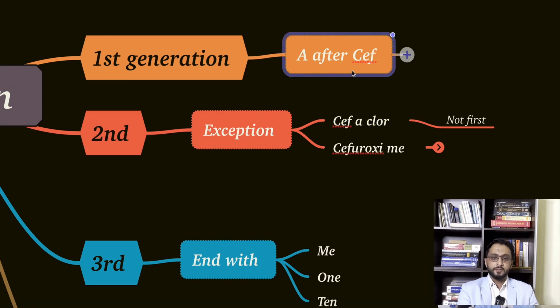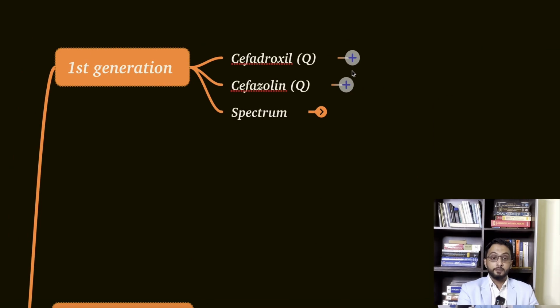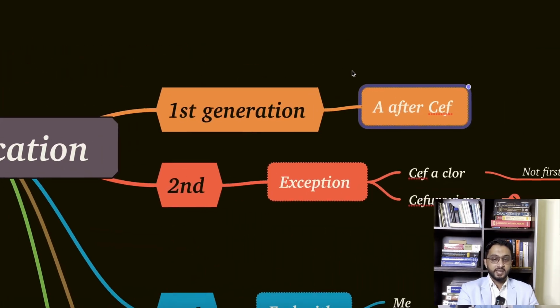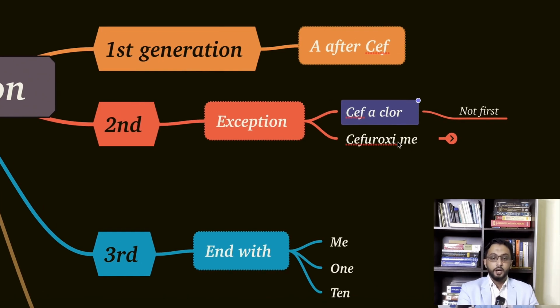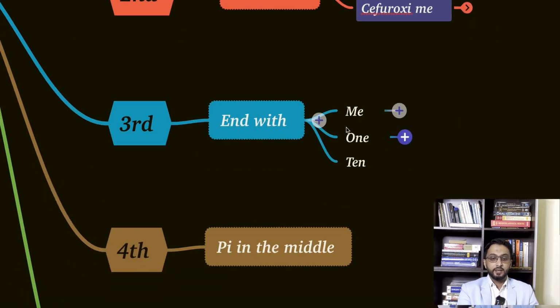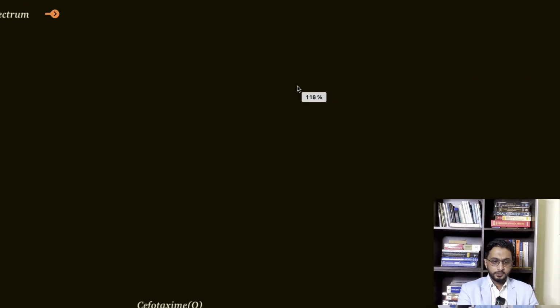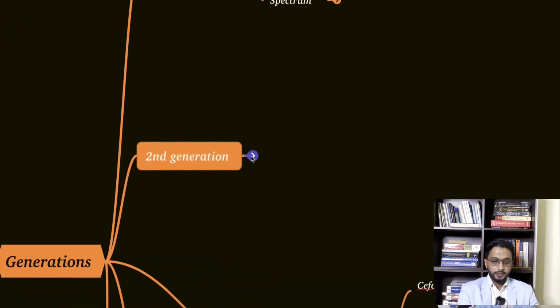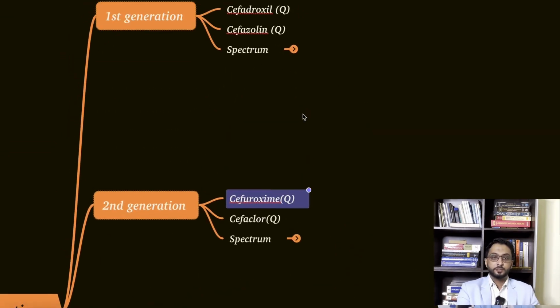So we studied that after Ceph if A comes, for example cefadroxil, it's first generation, except cefaclor, or cefuroxime. So if ime comes, what would you say? We studied it as third, no. But cefuroxime is second. So cefaclor is second generation. Cefuroxime, ime usually should be third, but it's second.